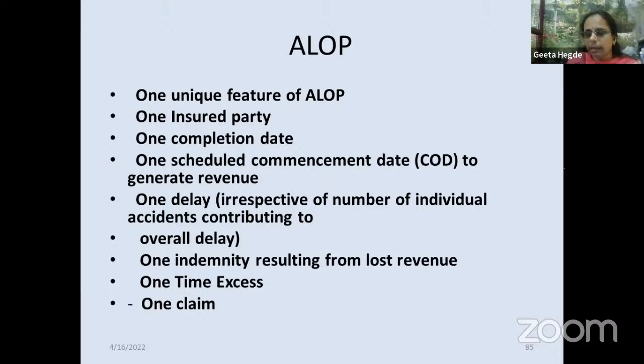It will be ultimately calculated, a very complicated working, not an easy job. The number of delays may be due to various incidents, but the period of delay will be calculated only when the commencement starts. Overall delay will be calculated. One indemnity resulting from lost revenue, one time excess, and one claim under the policy.